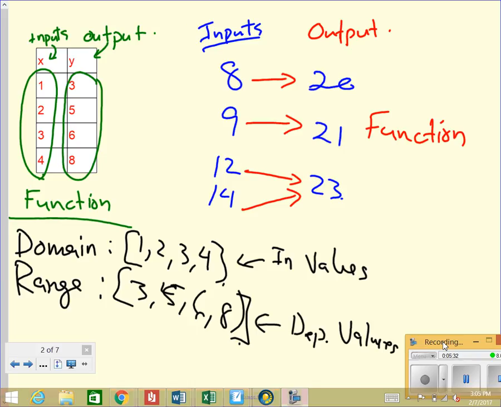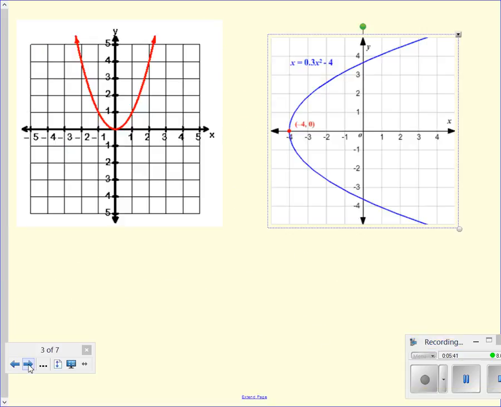Now, another way to tell if we have a function or not is called the vertical line test. So if I have any sort of graph like this, this parabola right here, to tell whether or not it's a function, all I have to do is draw a straight line, as best I can, through the graph.